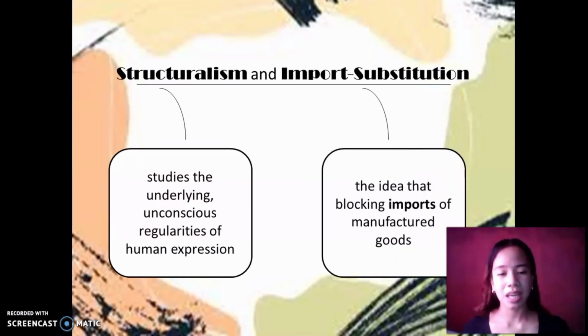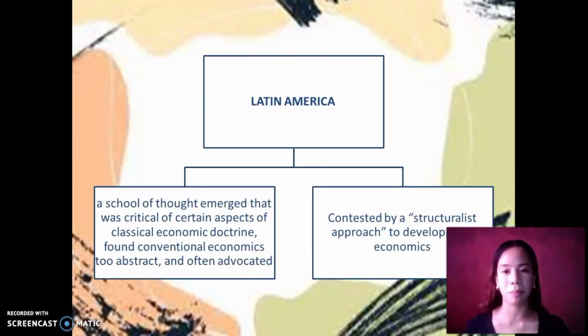Import substitution is the idea of blocking imports of manufactured goods. So, mao ni sila ang nagprohibit ng mga import from other countries or other states, but instead they focus on their own para maglambo sila, not using other states' money or power.